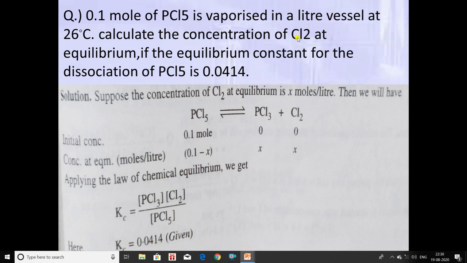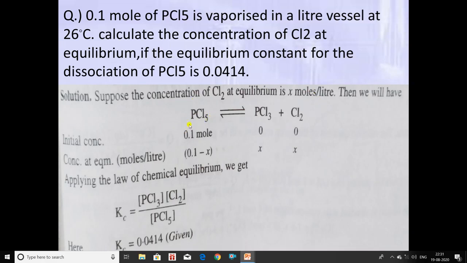Calculate the concentration of Cl2 at equilibrium if the equilibrium constant for the dissociation of PCl5 is given as 0.0414. The next application of the equilibrium constant is that we can find the concentration of PCl3 and Cl2 in a reaction like this.